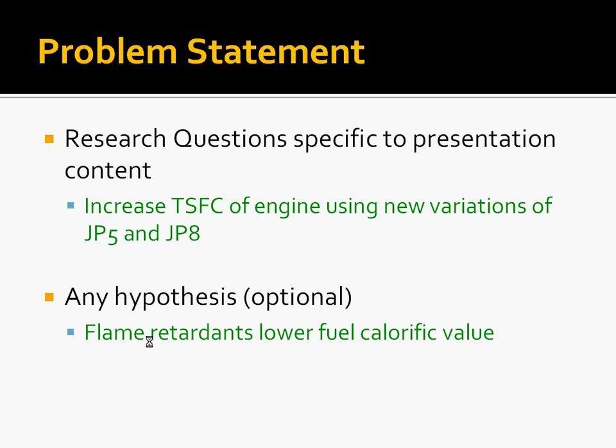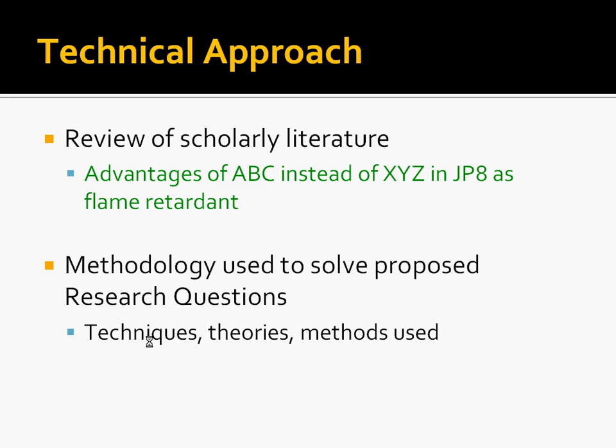Then the problem statement. What's the problem? Engineering is all about finding solutions to problems. Any hypothesis, which is optional, is your own idea. Then technical approach: how are you going to deal with this problem, how did you work, what solutions are provided to the current problem, what have you done in the paper?